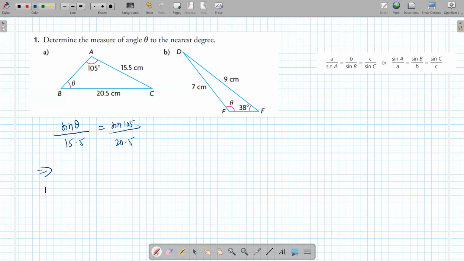How do you solve this equation for theta? Theta is missing. It's a linear equation. The difference being you need to do sine inverse.